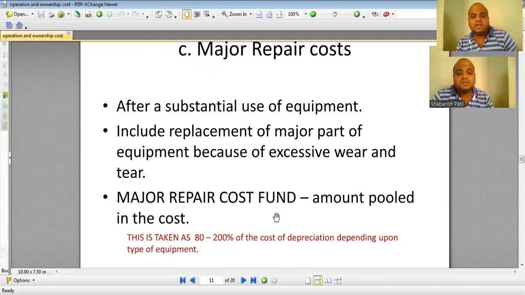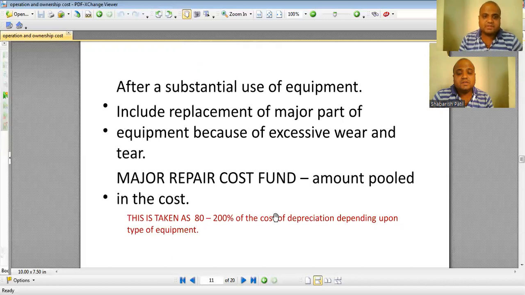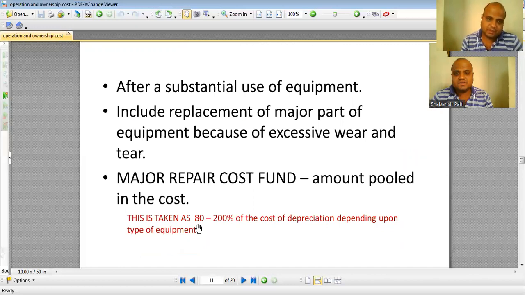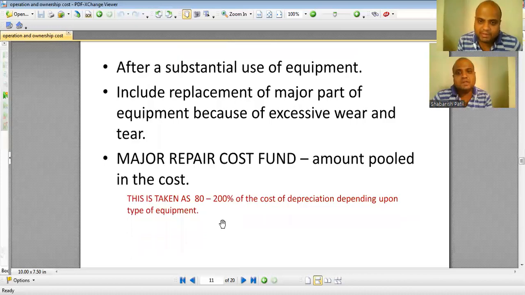That amount is utilized for the major repair of the equipment. This is generally taken as around 80% to 200% of the cost of depreciation annually for that particular equipment.